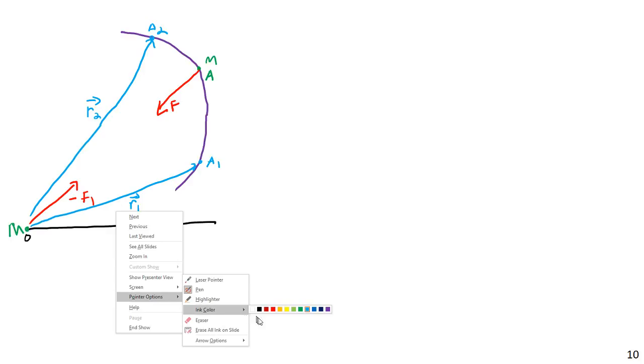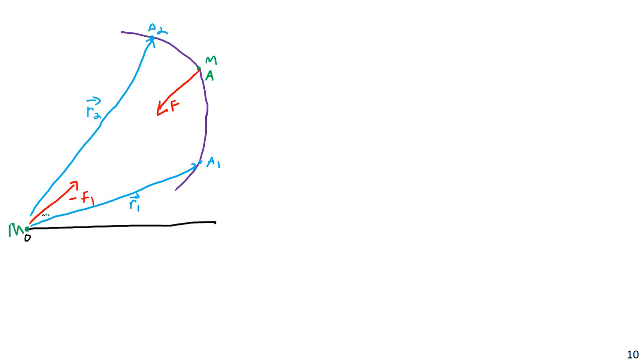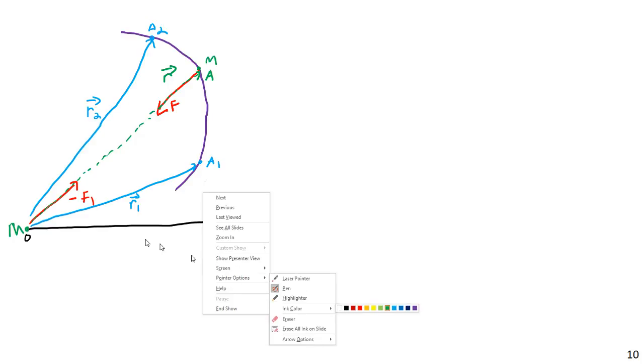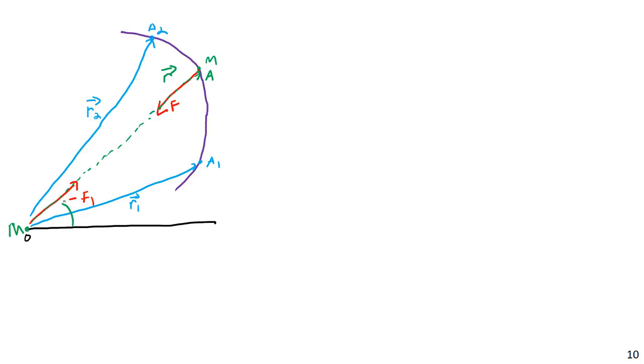At the point that we're actually integrating, let's draw a dashed line so I don't cover up the forces completely. I would have an R just at that point, and I would have a theta.